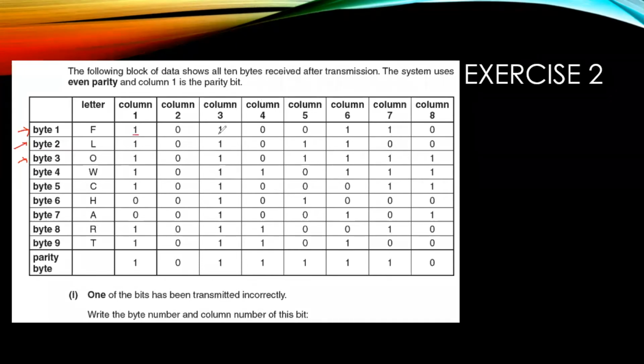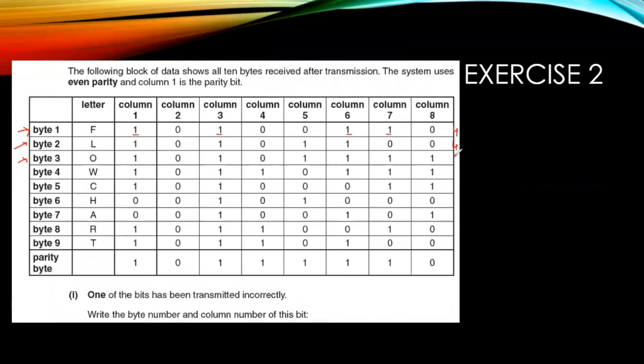For each of the rows, you calculate the number of 1s that we have. 1, 2, 3, 4, and I note down 4 here. In this one, 1, 2, 3, 4. Third byte, 1, 2, 3, 4, 5, 6.